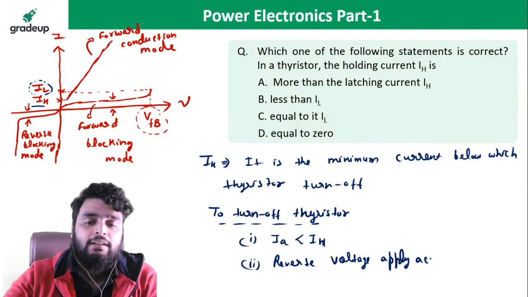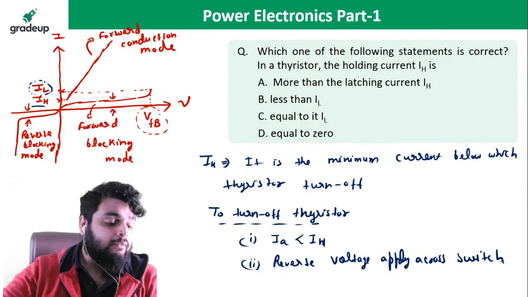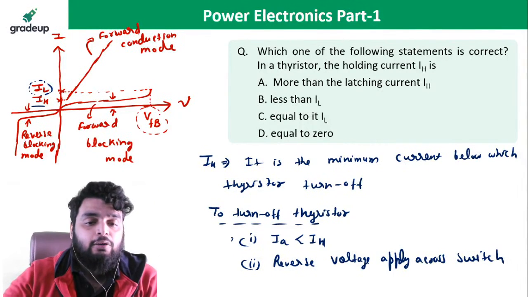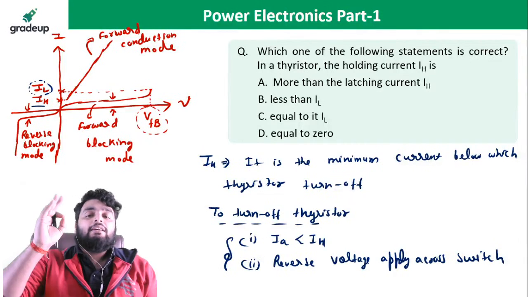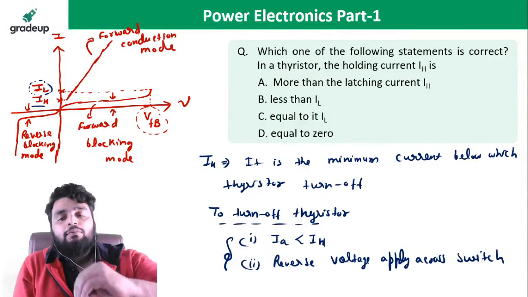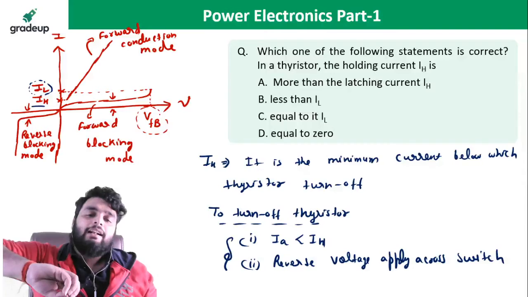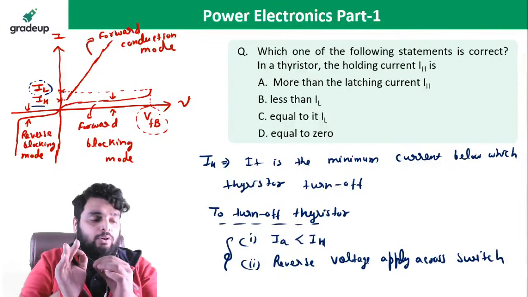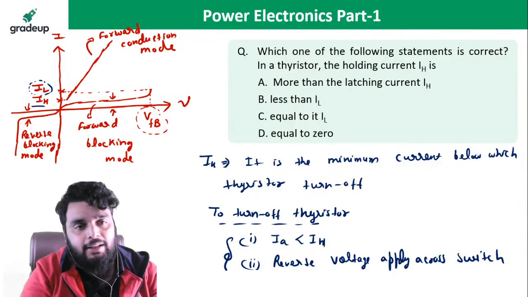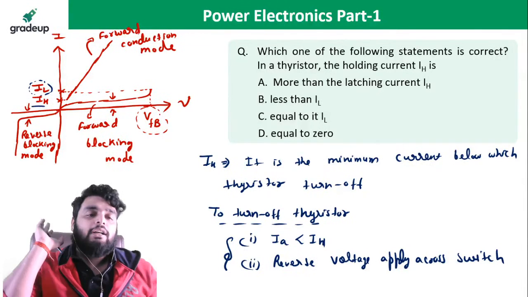If these two conditions are satisfied, then your thyristor will turn off. And one more important point: these two conditions must be satisfied at the same time. It must not happen that the reverse voltage is applied at one time and the anode current is less than the holding current at another time. These two conditions must be satisfied simultaneously, then your thyristor will turn off. Otherwise, it will not turn off.